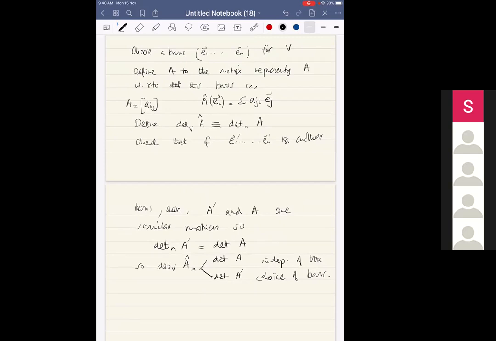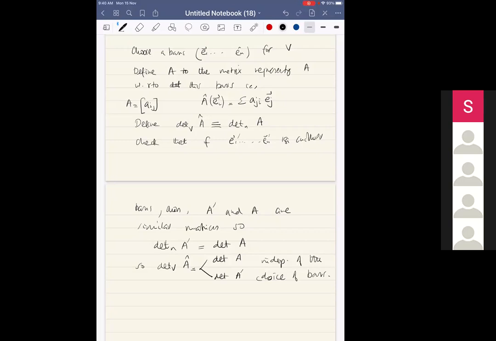So I want to define the determinant of a linear map from V to V. Choose any basis, look at the corresponding matrix, and define the determinant of the linear map A hat to be the determinant of the corresponding matrix A. The point is, if I choose a different basis, I get a different n by n matrix.